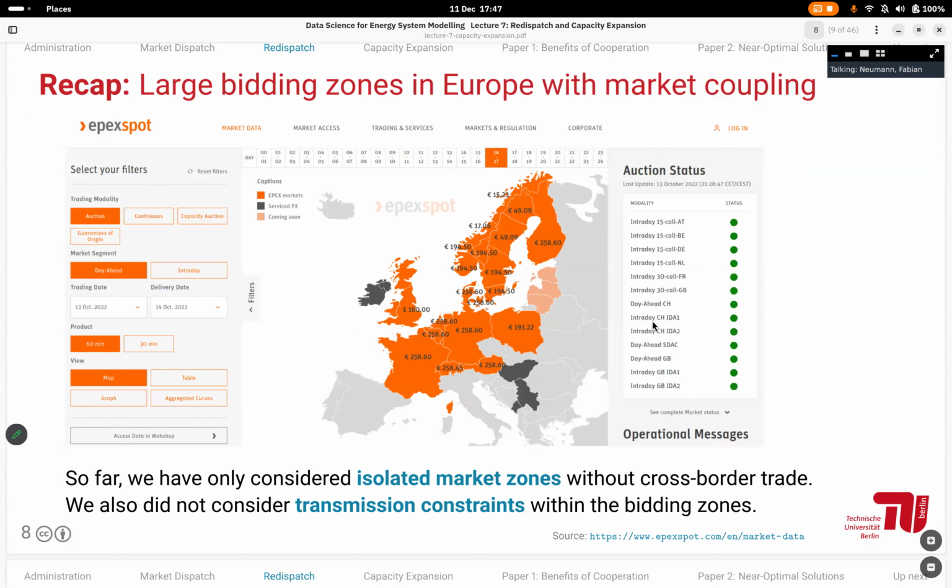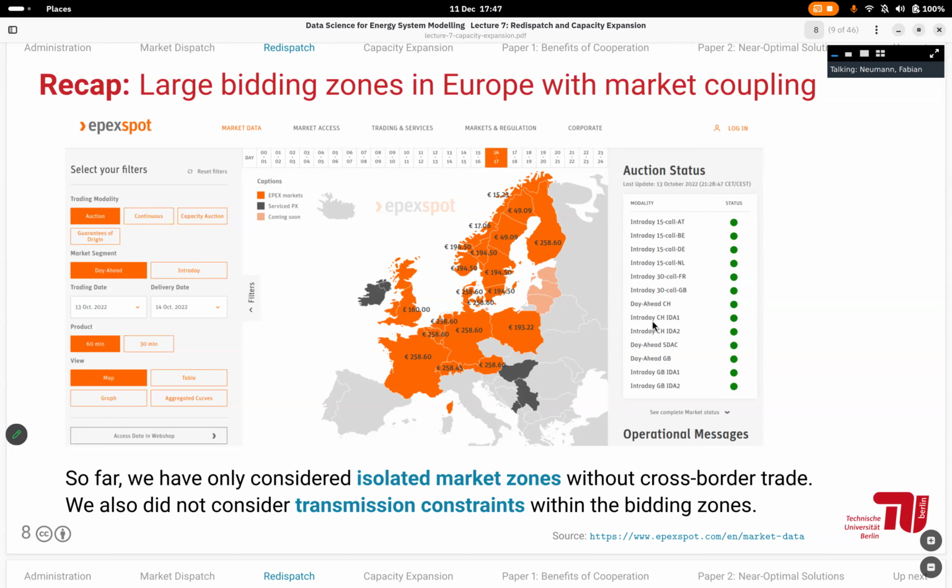And here, the spot market operator would give you one price per region, and sometimes they would be the same if you don't have any congestion between them. So, for example, a gas generator in Germany could be price setting for the French system.